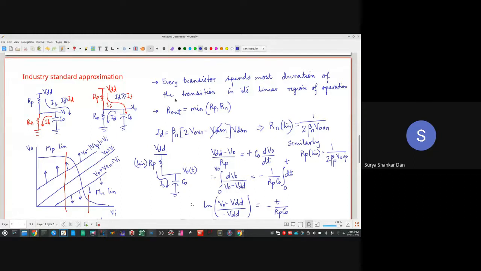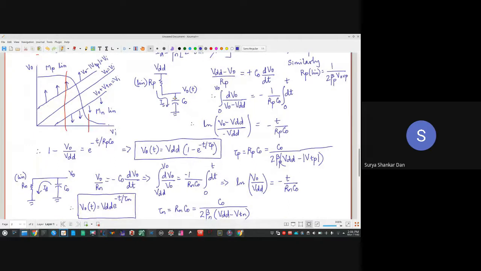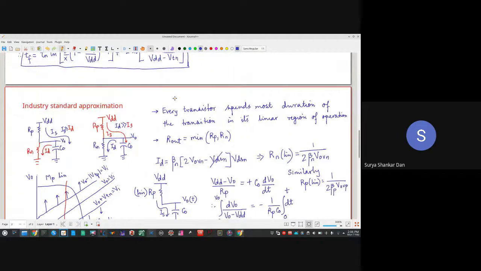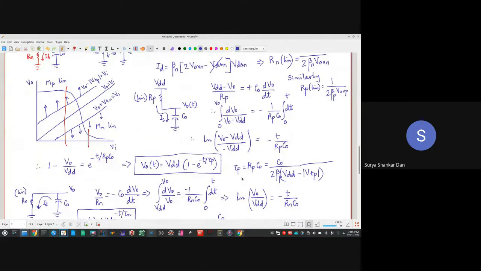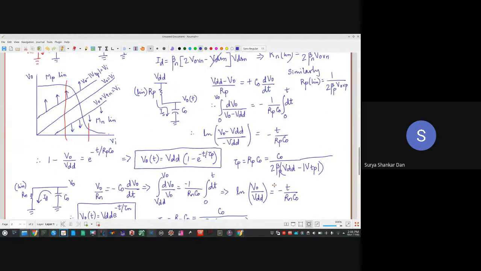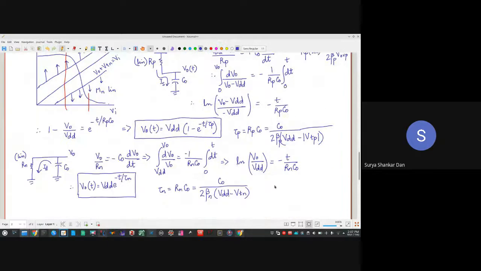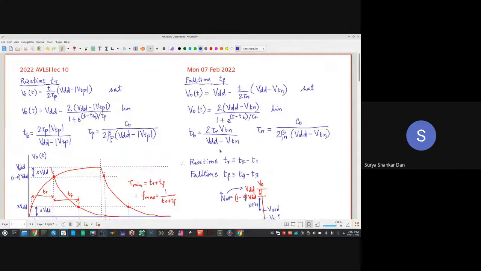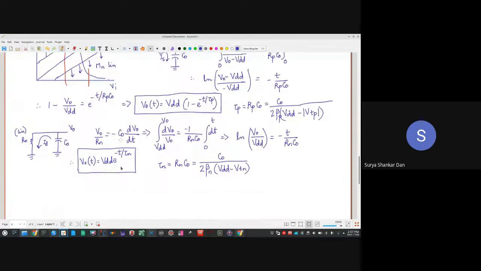Okay, very good. But since this is an approximation, what are the problems? Notice this approximation will not even hold if somehow the tau n or tau p expressions were wrong. But what we figured is this is a very valid approximation and correct also as far as the timing is concerned. Because your tau p and tau n are remaining the same, and the rest of the things, if you notice, TB and all that, T1, T2, T3, they will always be remaining the same only.